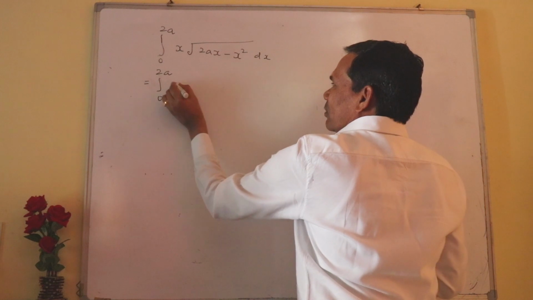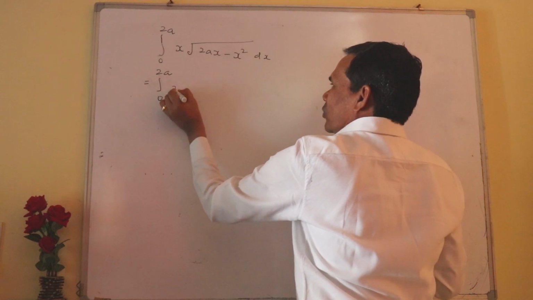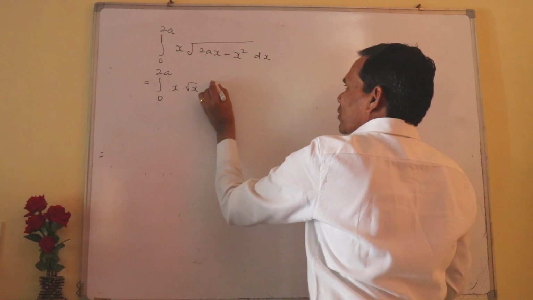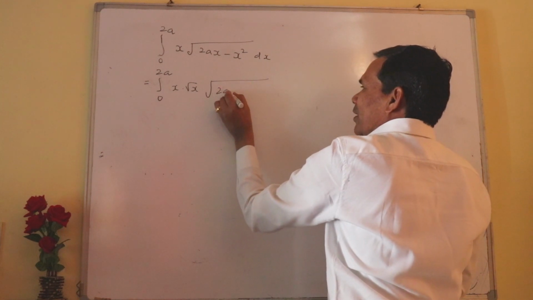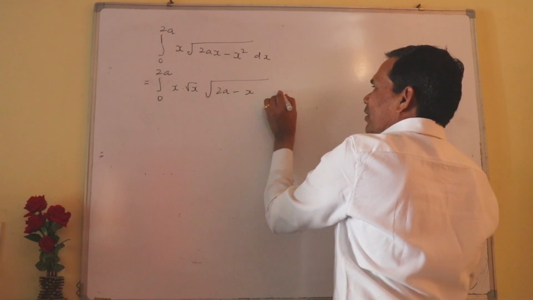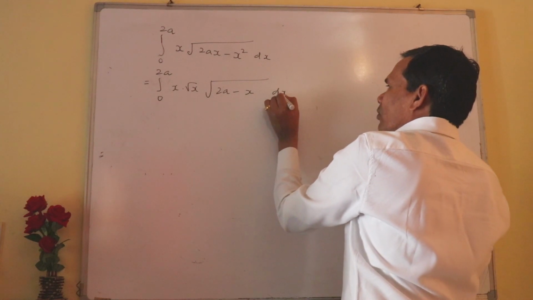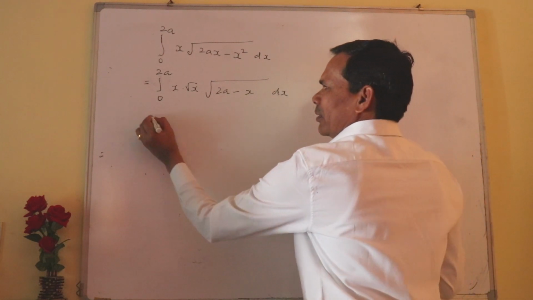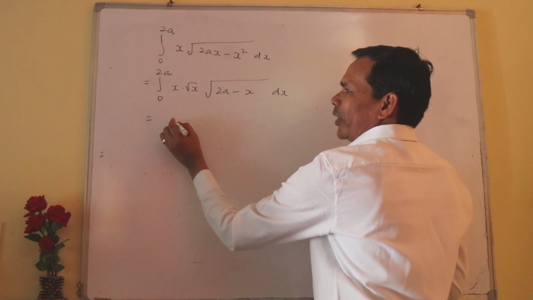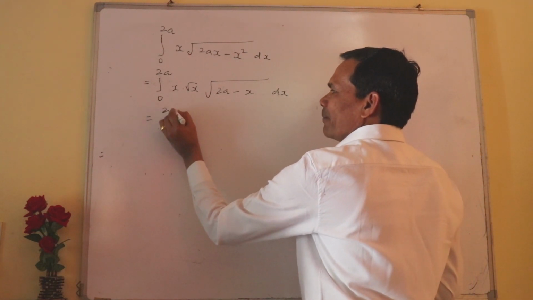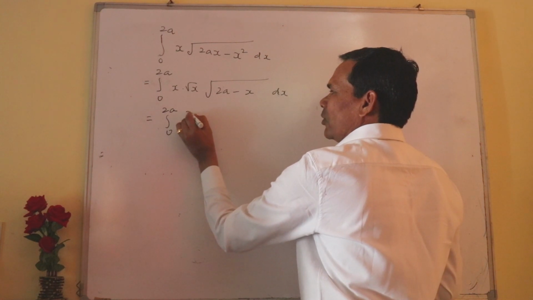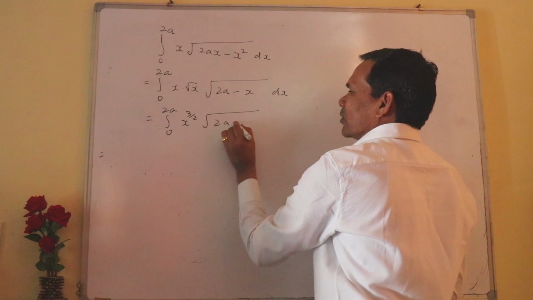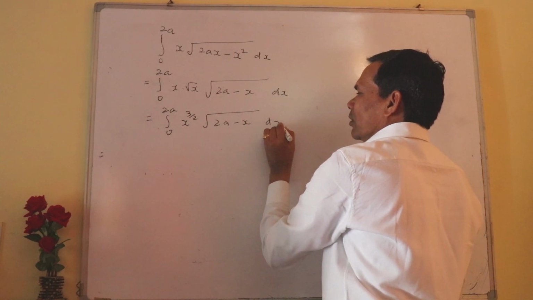I take x outside the radical sign, so it is x into root x, and in the radical sign 2a minus x, into dx. Now x into root x is x raised to 3 by 2, and root of 2a minus x into dx.